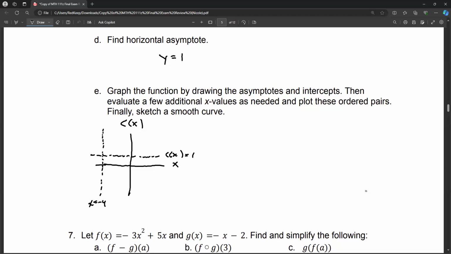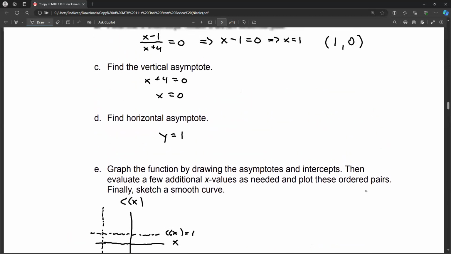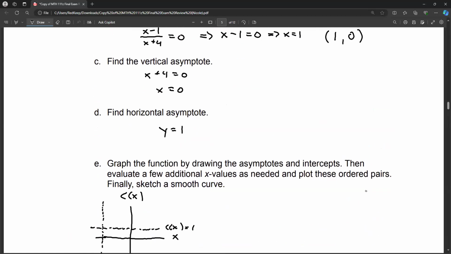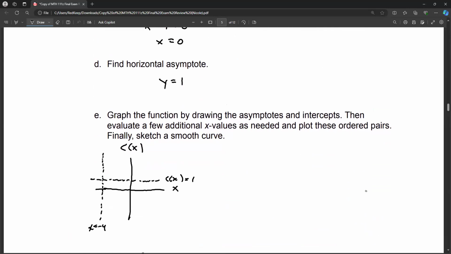And let's see what's next. We want to talk about the intercepts. Did we find the intercepts for this one? We did. We found the y-intercept to equal (0, -1/4) and the x-intercept to be (1, 0). So (0, -1/4) is going to be on the y-axis for this one.